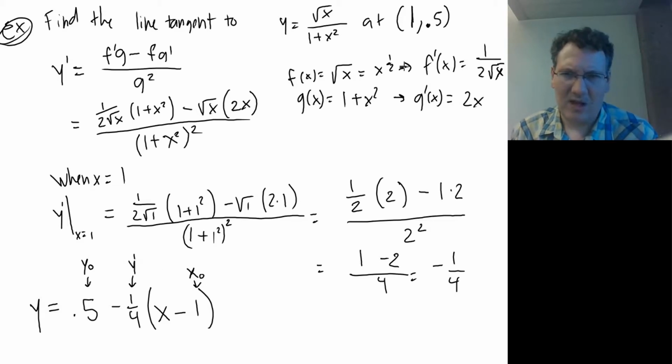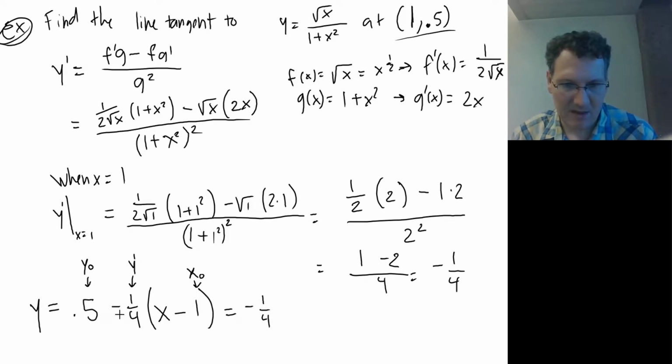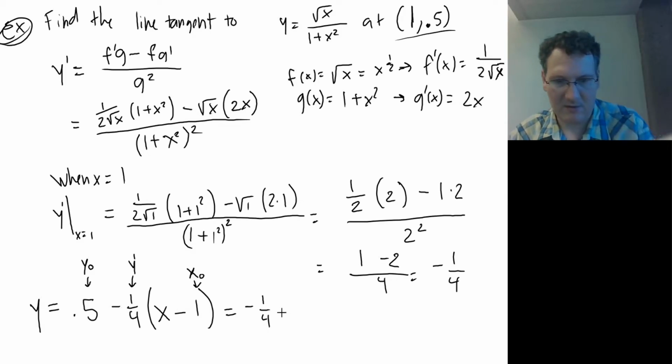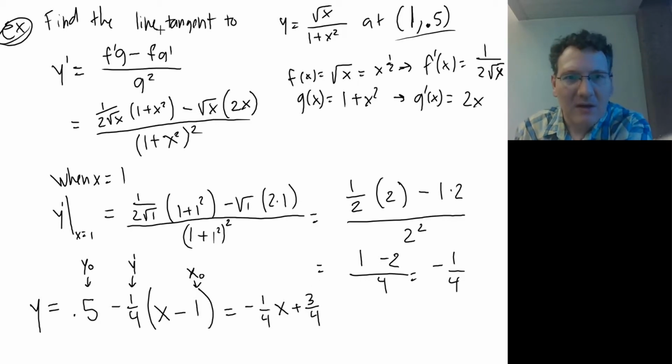My point is (1, 0.5), so that's where you put that stuff in. This is fine. I could clean this up a little bit if I wanted to, but I don't really want to. 0.5 minus a minus, that'd be plus a fourth, x plus 0.75, or let's write it as 3/4. That's fine. No need to get too fancy.